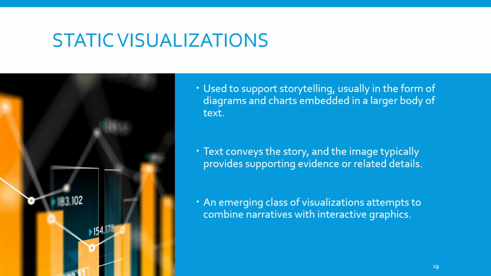Basically, a static visualization doesn't change, but it's really useful to support storytelling. They usually are in the form of diagrams and charts embedded in a larger body of text, like an infographic, where the text with the image is conveying some histories and telling some tales.